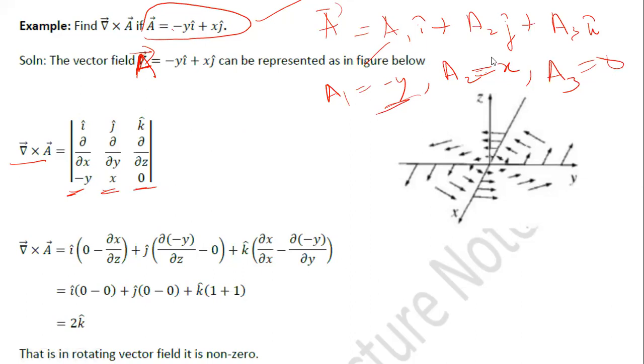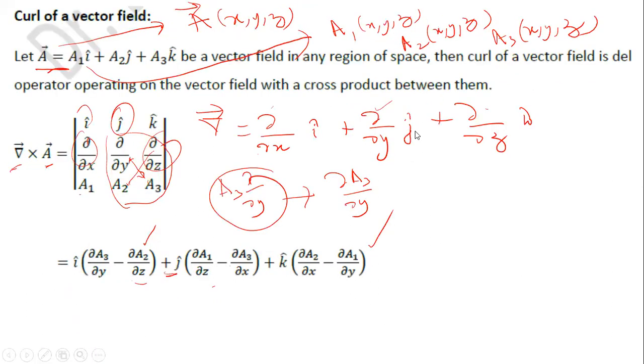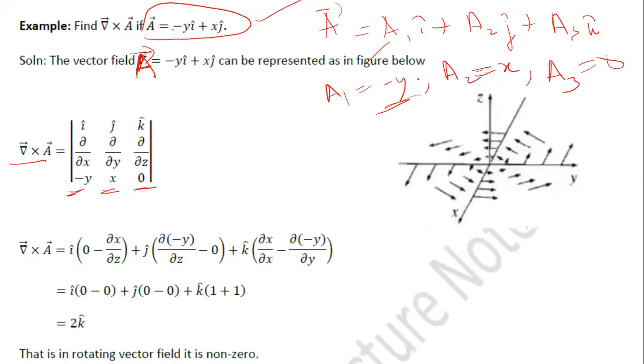If you use the curl formula that I have written down here, by taking A1 as minus y, A2 as x and A3 as 0, then eventually, if you calculate it correctly, the differentiation of x with respect to z is 0. Why is that? X is the coordinate variable along the x-axis, z is the coordinate variable along the z-axis.